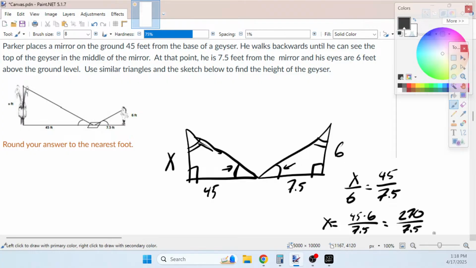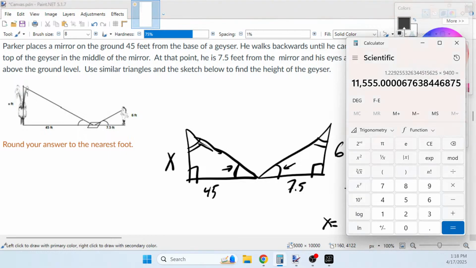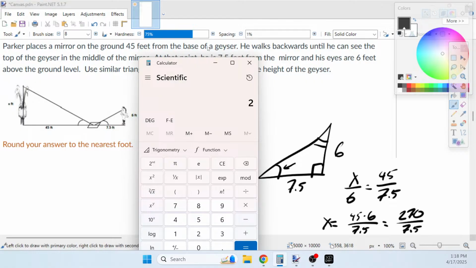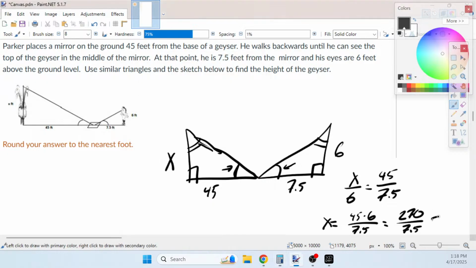I feel okay about plugging that into a calculator. 45 times 6 divided by 7.5. The height of the geyser is 36.